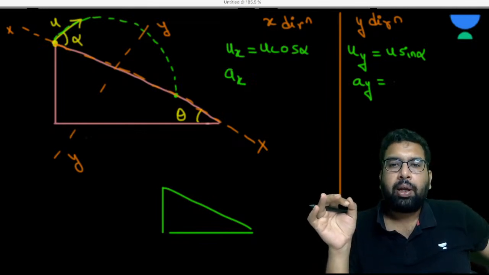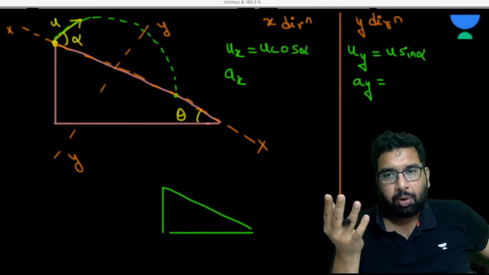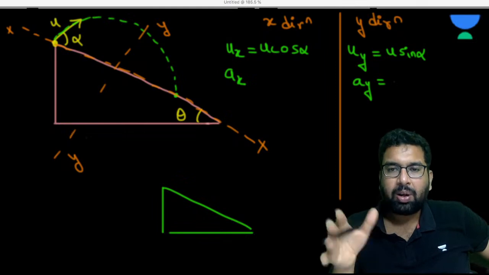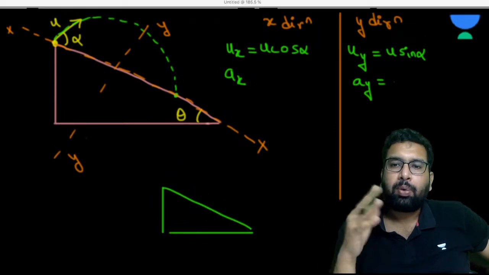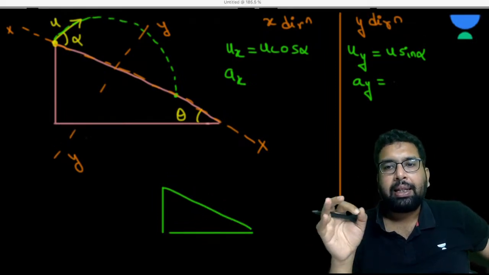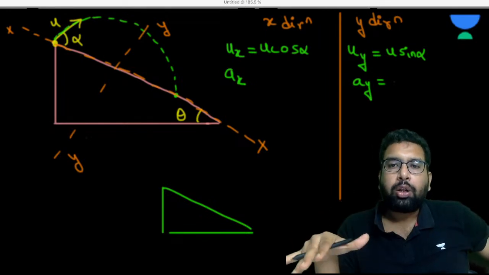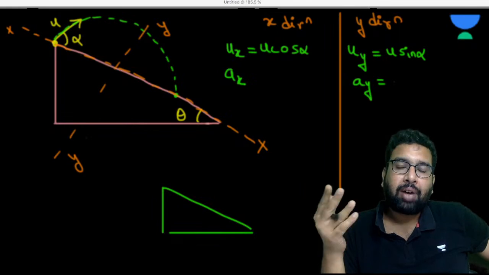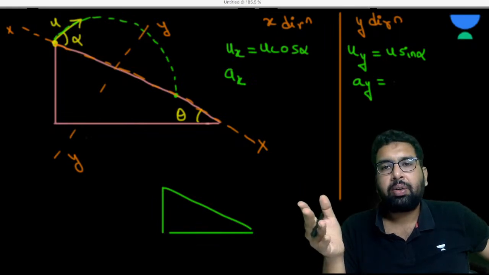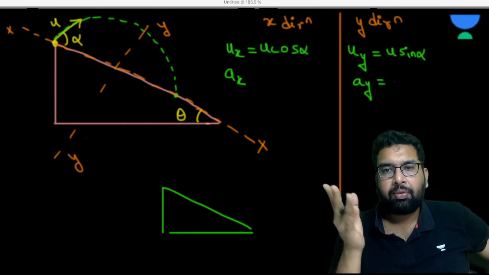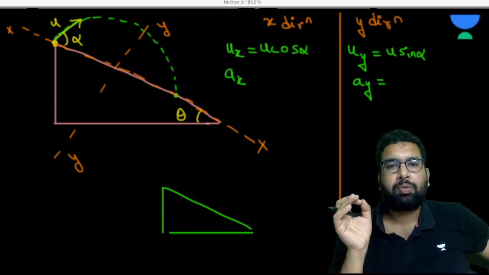Because I'm almost at the end of the session, it is not possible for me to give you the whole flashback, but you can watch the session. In this case, we have shifted our x. The x is not the horizontal x and the y is not the vertical y that we consider usually. Here, x is parallel to the plane of incline and y is perpendicular to the plane of the incline.